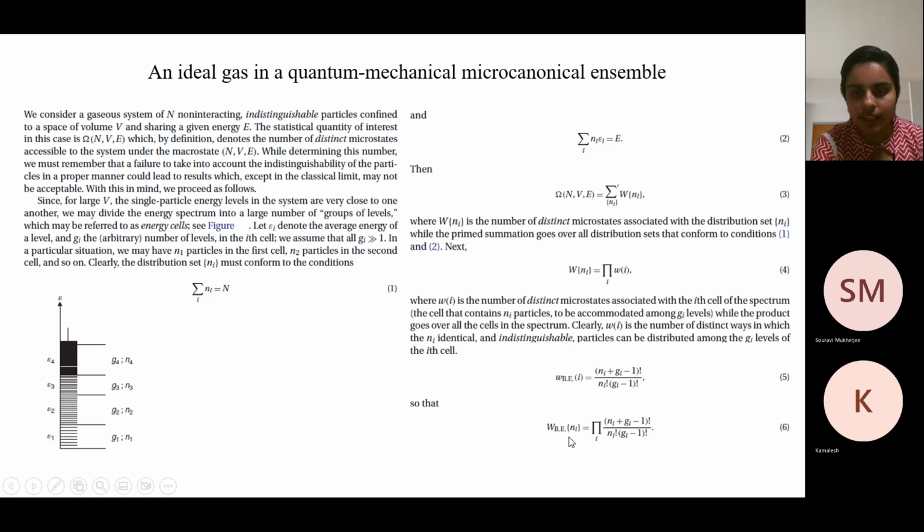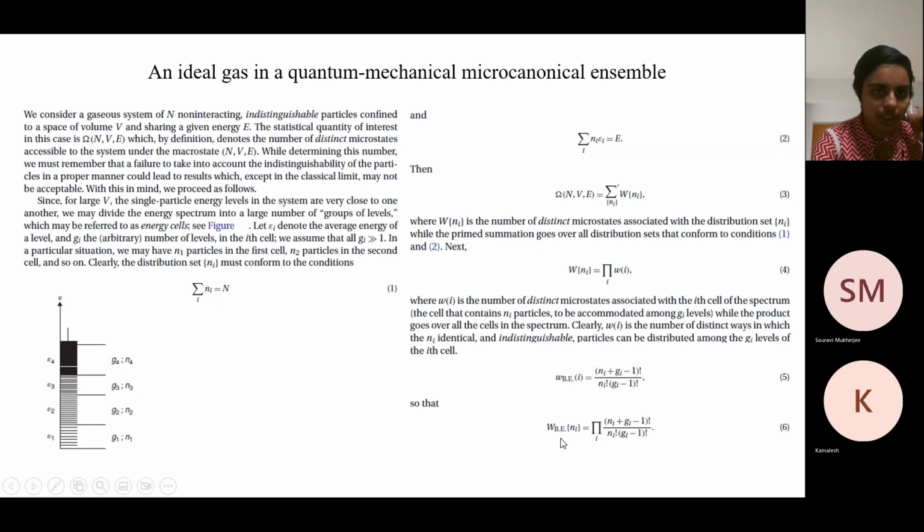So now when you find the total number of microstates, you take a product over all such cells. That gives you the total number of distinct microstates that correspond to this particular distribution.